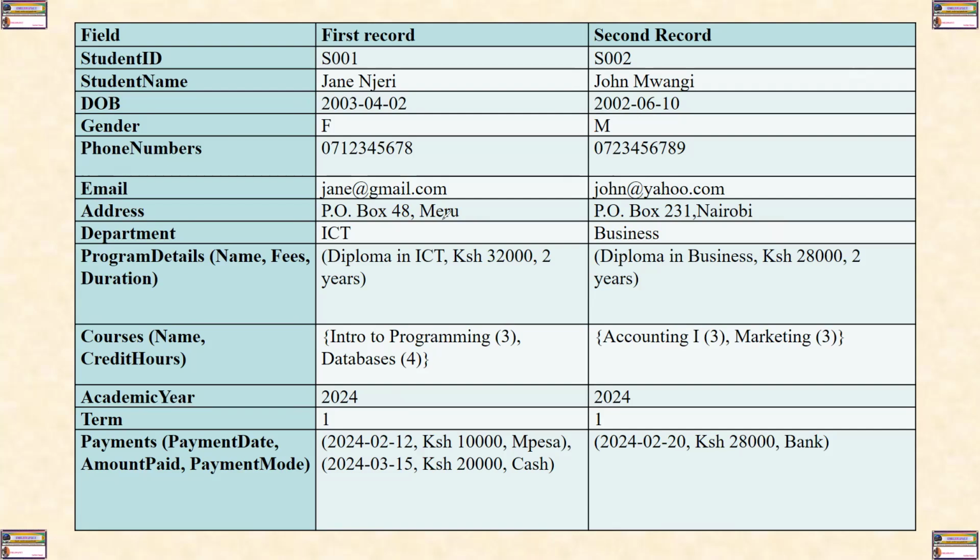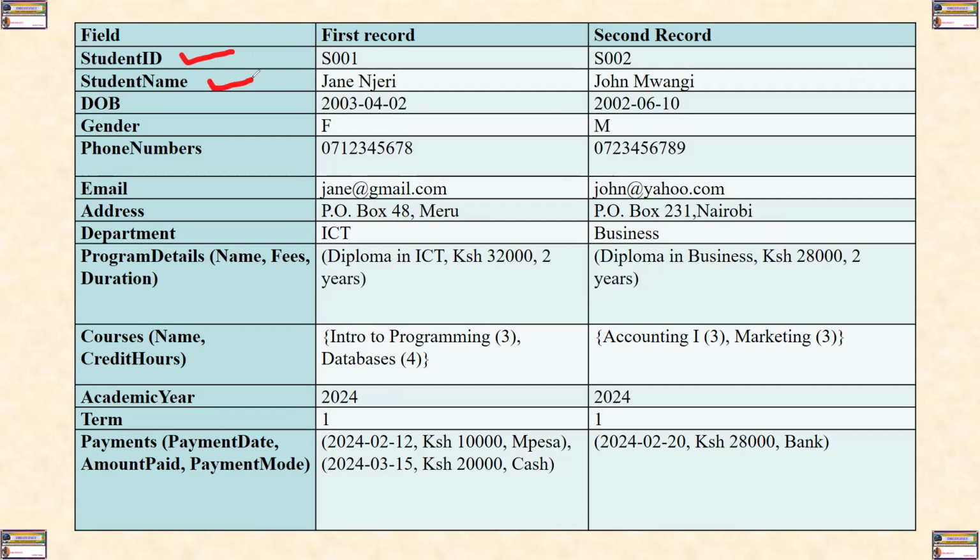What I'm calling student ID is a field for holding the identification for the students. So these are like the admission numbers. We have S001 and S002.